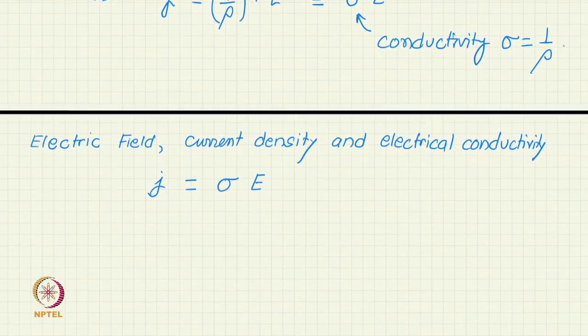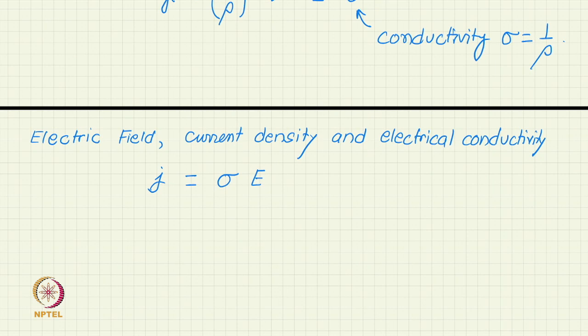Written in this way, we have written all quantities as scalars, because they are only the magnitudes, but one should note that both J and E are actually vectors. So, it is a current density vector and it is an electric field vector.